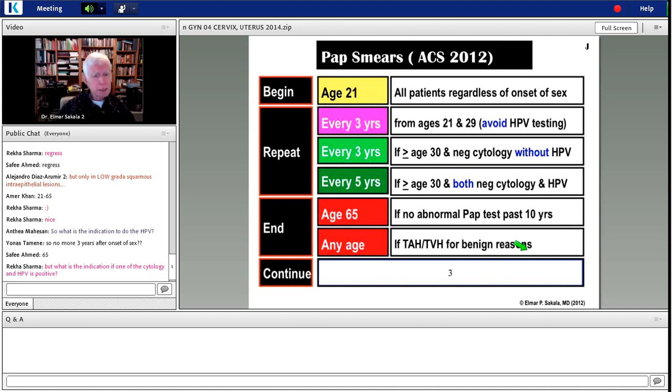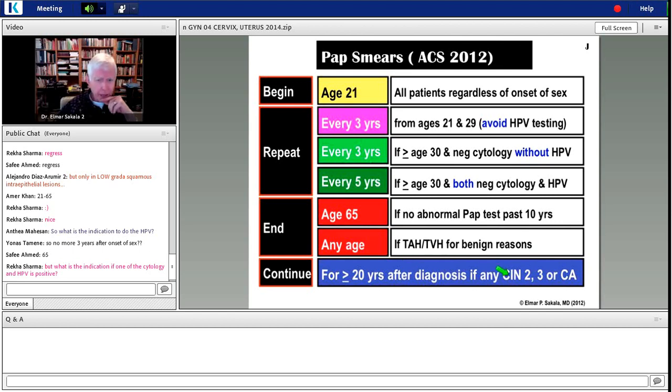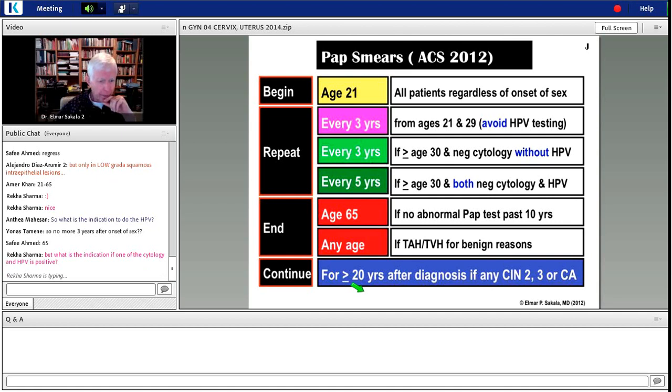If it is done because of cervical dysplasia, because of carcinoma in situ, or recurrence, that's different. If you've had CIN 2 or CIN 3 or cancer, then you continue on for 20 more years. So, very different.